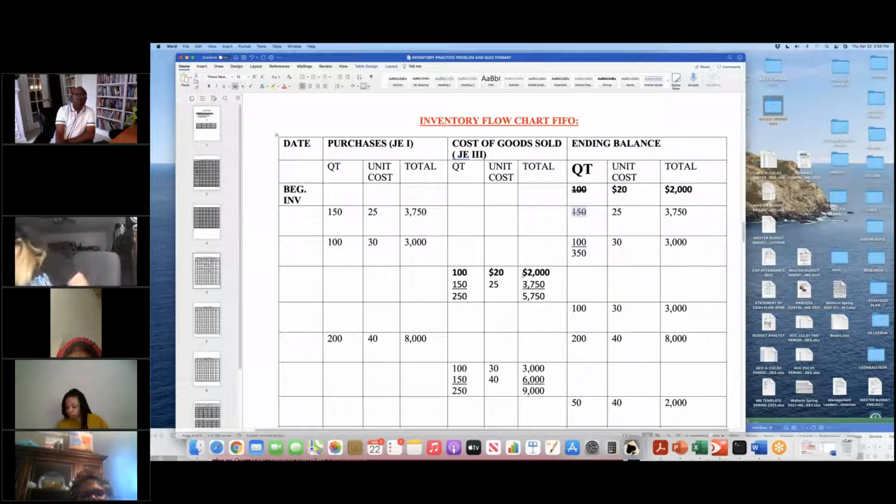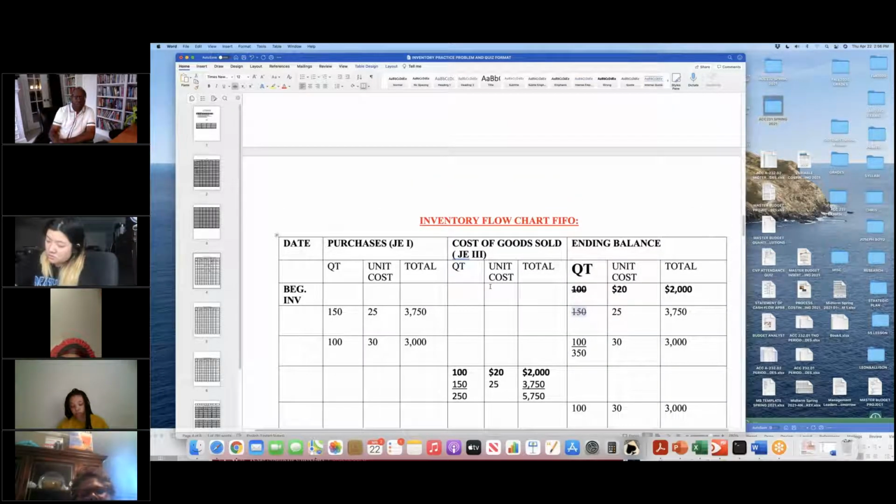So just looking at quantities, we had 350, we sold 250, it came from those, and now we have 100 left. Don't worry about anything below that. We had 350 for sale, we sold 250, so we have 100 left.